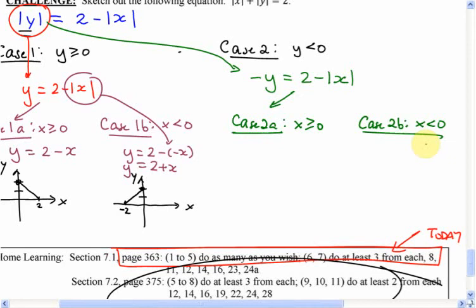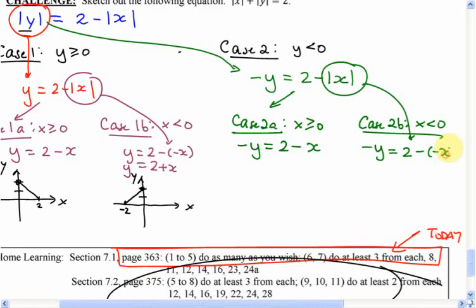All right. So what do we have here now? Well, notice I'm going to replace the absolute value of x with something. In this case, I'm just going to keep it positive since x is greater than 0. In the other case over here, I'm going to replace the absolute value of x with something that's negative since x is less than 0.